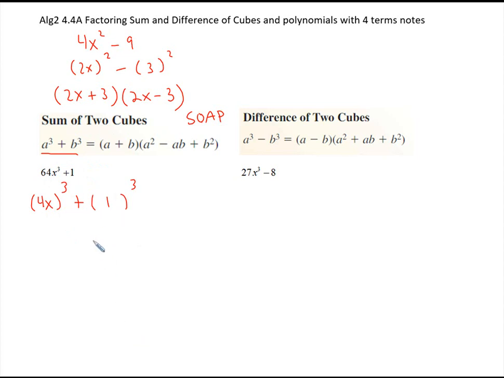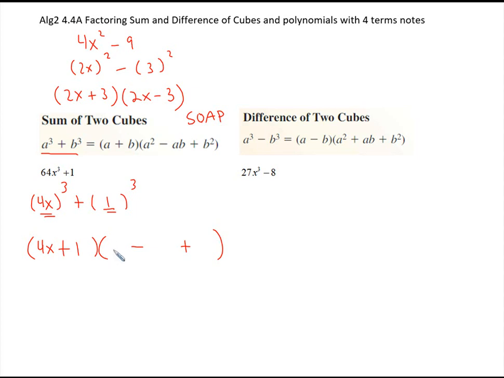So to factor this, here's the special pattern. You're always going to have two parentheses. The first one will be a binomial. The second will be a trinomial. And then we want to put in the signs. So we have the same, opposite, always positive. Now whatever these are right here, they're just going to go in the binomial.